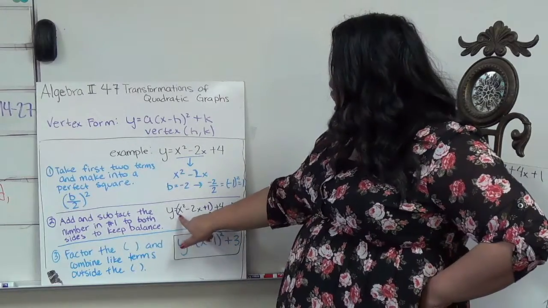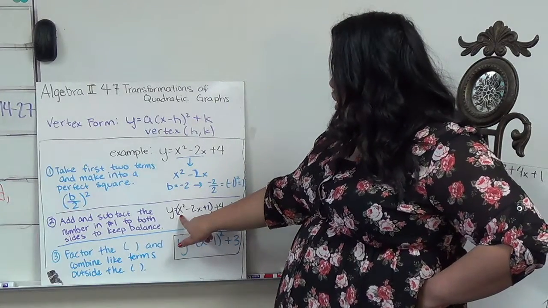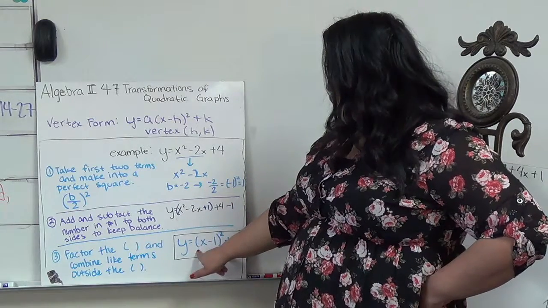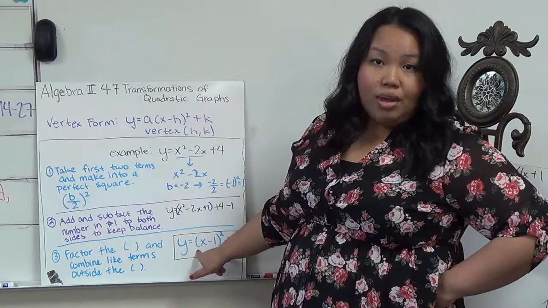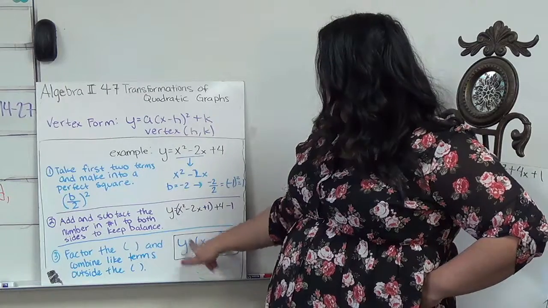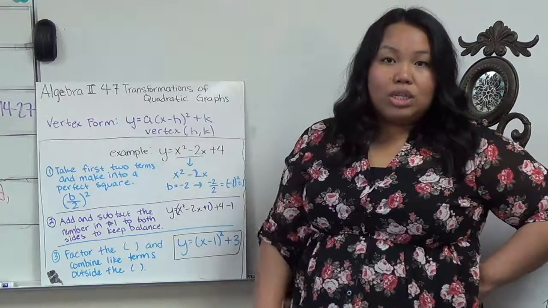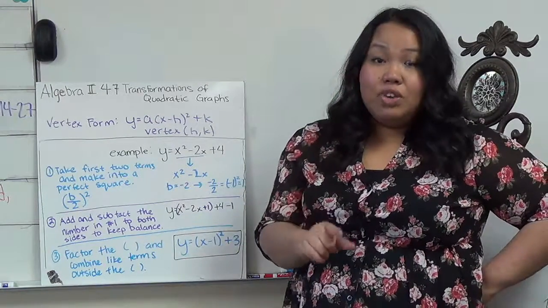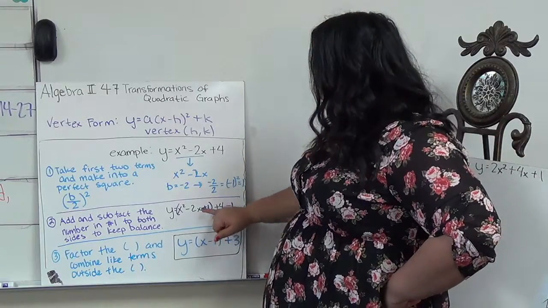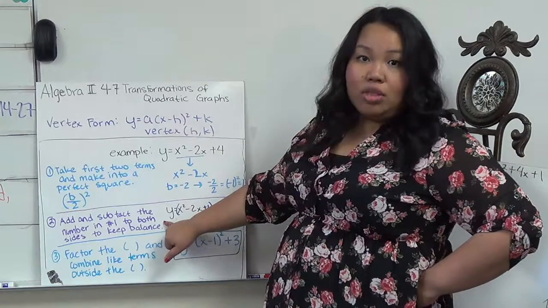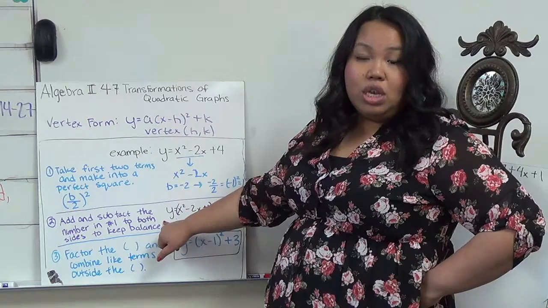The whole reason I want to do that is so this parentheses ends up looking like x minus 1 squared, right? So this should be review of completing the square from that one section that we did. The only difference is if I add 1 here, I have to add 1 on this side too. What I do to one side, I have to do to the other.